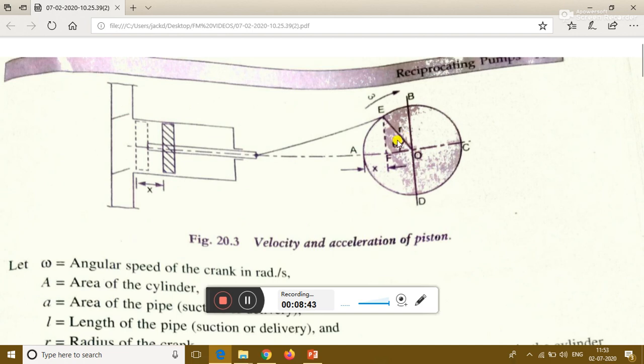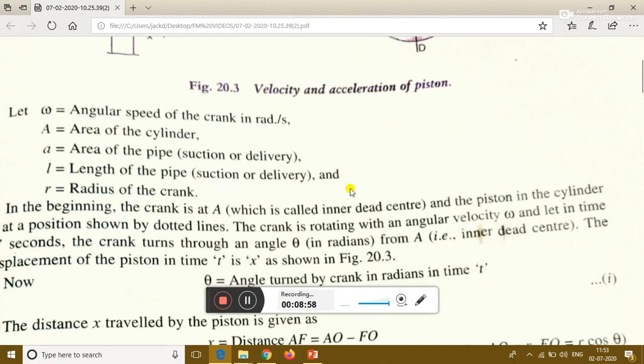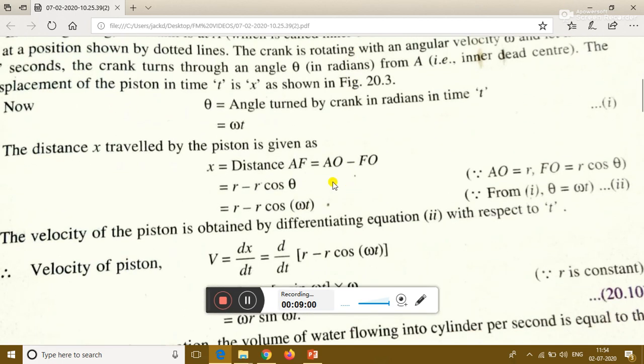So x will be equal to AO minus R cos theta. AO is the radius, so it is R minus R cos theta. So x equals R minus R cos theta, and theta equals omega t.